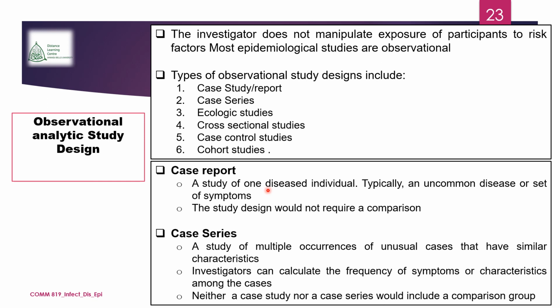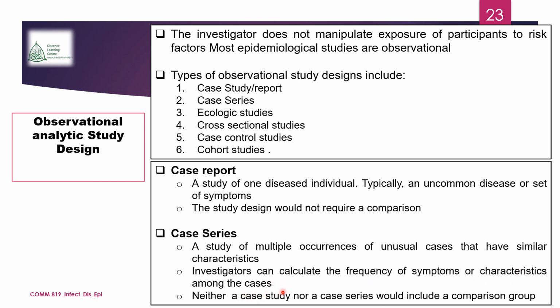Okay, then we now have the case series. The case series, we said, is a study of multiple occurrences of unusual cases that have similar characteristics. Here the investigator can calculate the frequency of symptoms or characteristics among the cases.